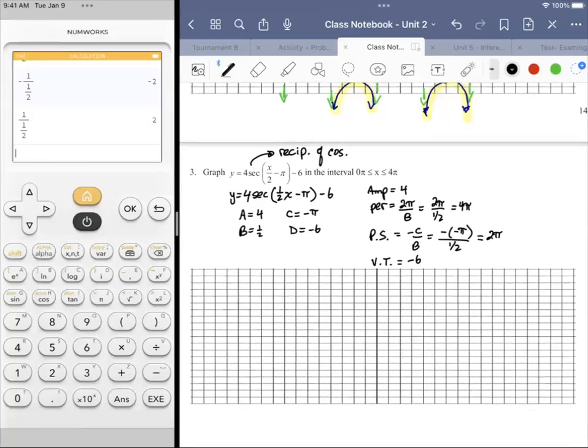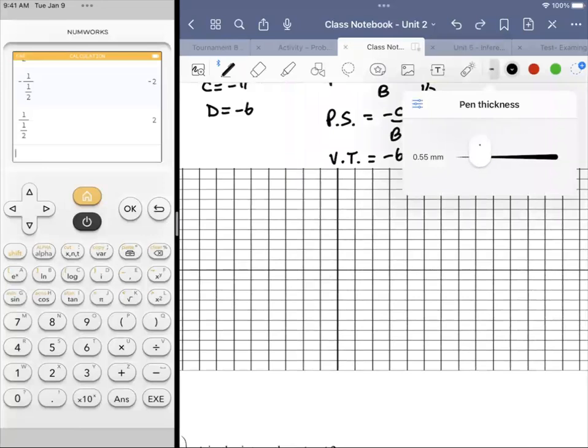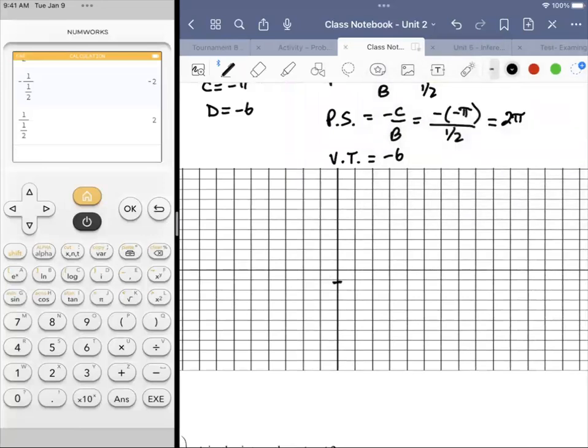Now I'm going to really have to scale this one because my amplitude is 4, which means from the x-axis, I'm going to go up and down 4 units. But then I have to also go down an additional 6. I don't have 10 units of space here. So I'm going to let each box be equal to 2 units. So I'm going to call this -2, +2. Let me just shift that a little bit.